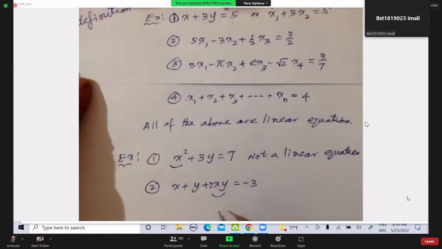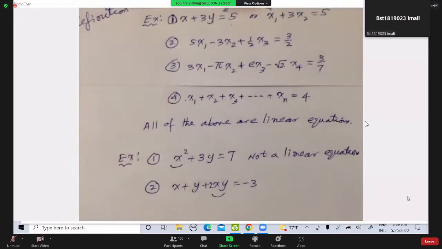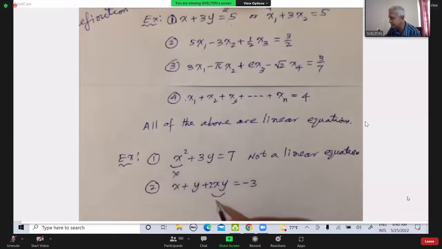So linear equations are very, very elementary. Just a constant times the variable plus a constant times the variable, and so on up to n, equals a constant. x squared terms cannot be there, nor xy. This is bad for linear. So this is not a linear equation.